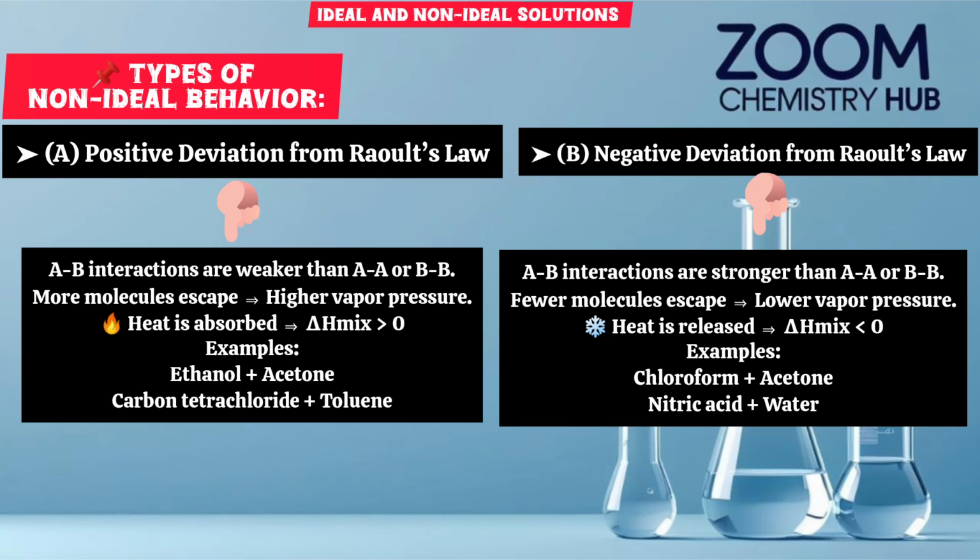So the vapor pressure will be low, and in this case the heat is released, so it is an exothermic process, and during this release of energy, the change in enthalpy is less than 0. Examples are chloroform and acetone, and similarly nitric acid and water.